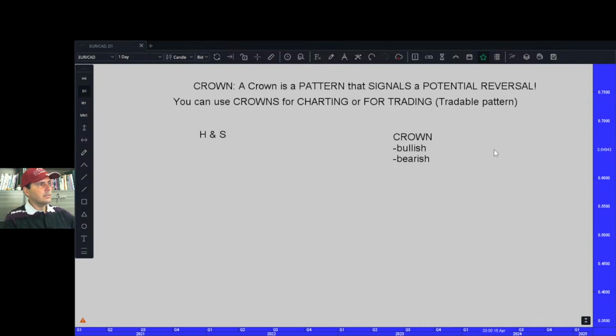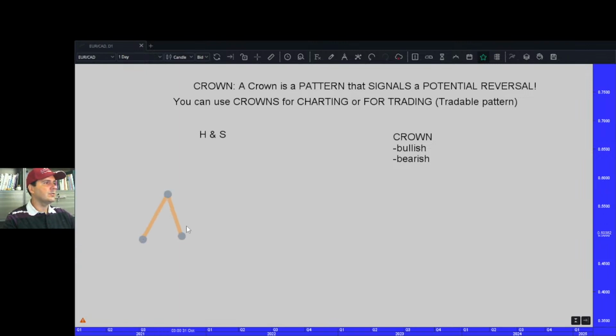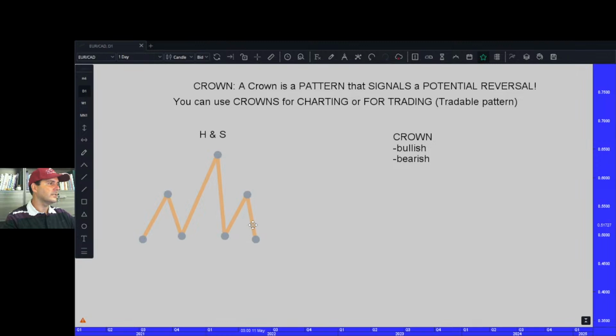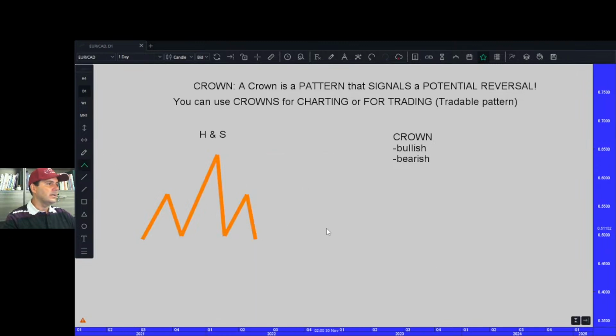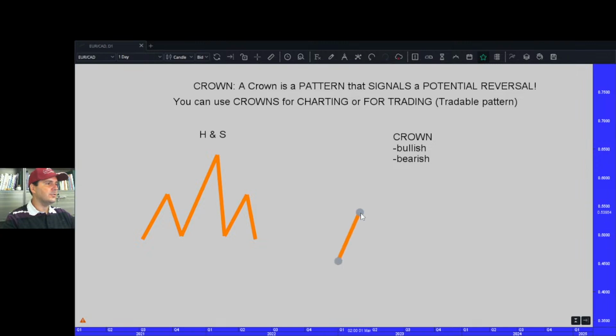Crown is a pattern that signals a potential reversal. You can use crowns for charting or for trading. It's a tradable pattern. Now, head and shoulders, you have a left shoulder, you have a head in the center, and then you have a right shoulder here. Now, a crown has a left shoulder, then it has a head in the center too.